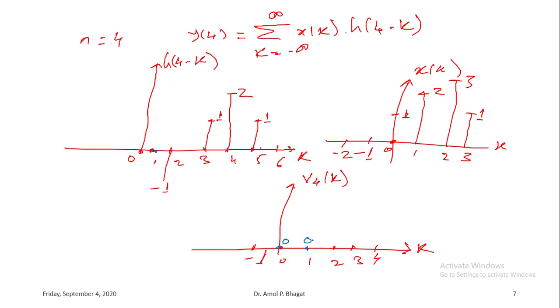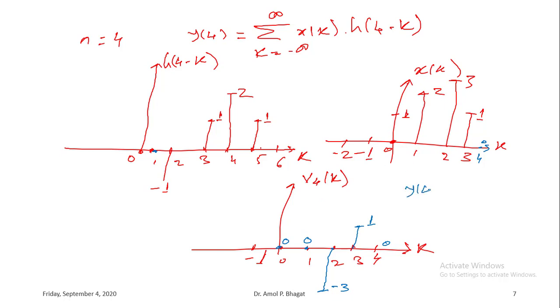At 2 it is -1, at 2 it is 3, so it will be -3. Then at 3 it is 1, at 3 it is 1, so multiplication will be 1, okay? At 4 here the value is 2, but here no value means 0, okay? So that means 0 will be there. After this no sample values are present, so 0 will be there, right?